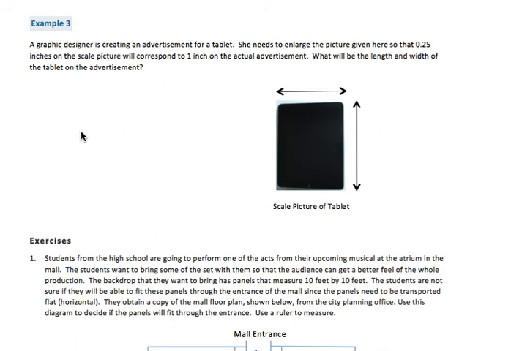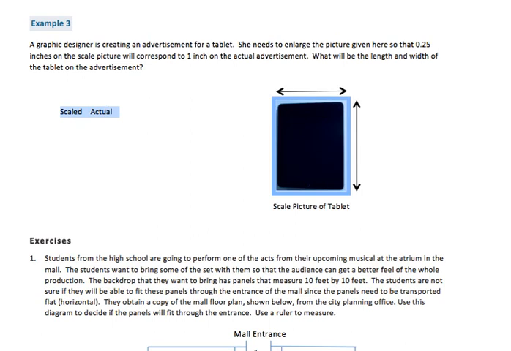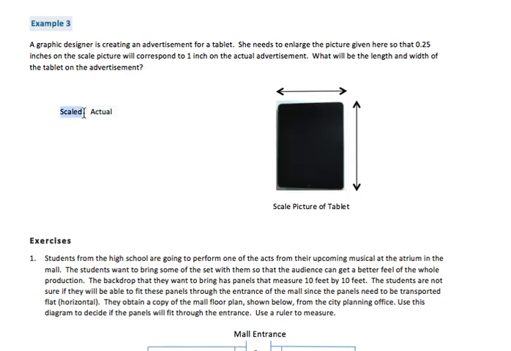So we start again with our scale to actual. And if it is a 1/4 of an inch on the scale picture, it would be 1 inch in the actual advertisement.